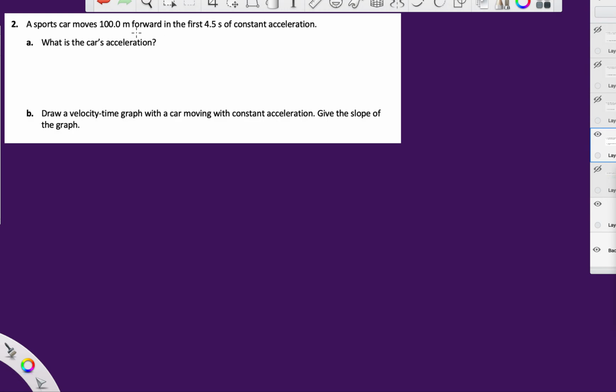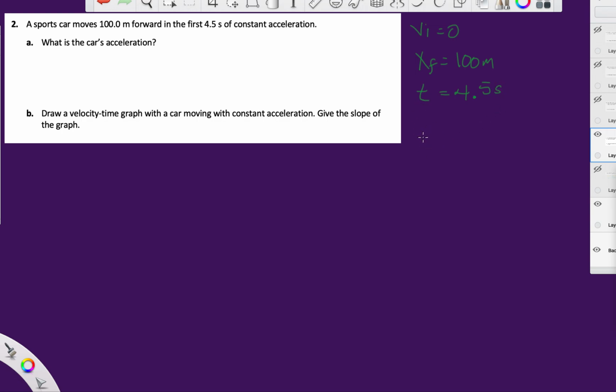We have to assume, and I think I'll type it into the problem itself when I give it to you, that initial velocity is still 0. And then we're given x final of 100 meters, and we're given a time of 4.5 seconds.